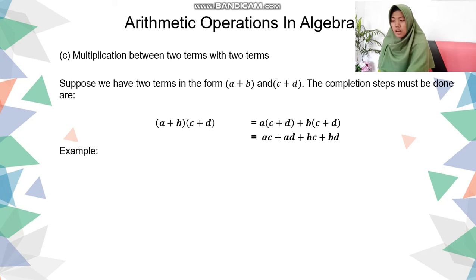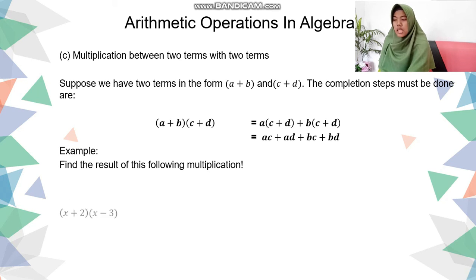The example is: find the result of the following multiplication: (x plus 2) times (x minus 3).